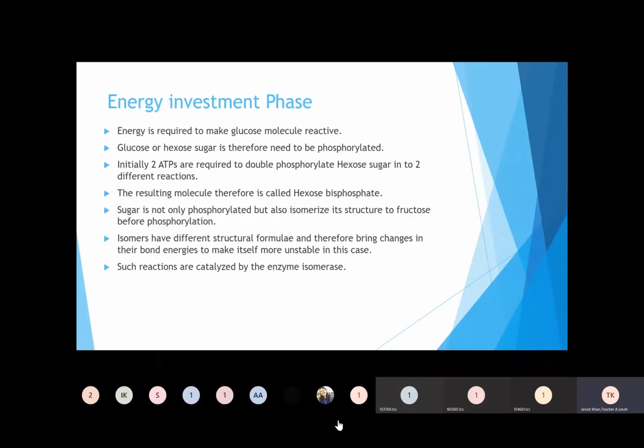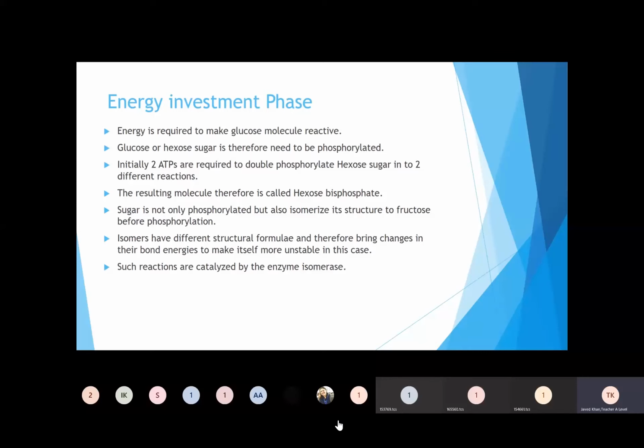Like fructose and glucose, both are monosaccharides, both have 6 carbons, C6H12O6, the same formula, but different structural formulas. So hexose sugar, I mean glucose, is not only phosphorylated but also converted to fructose.